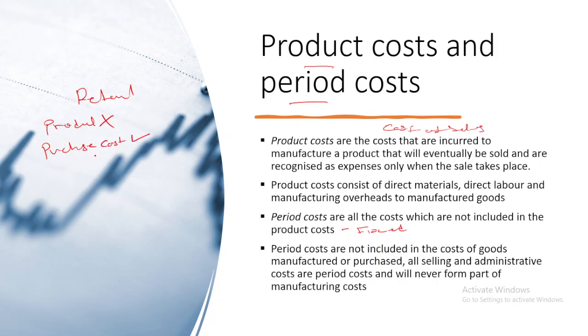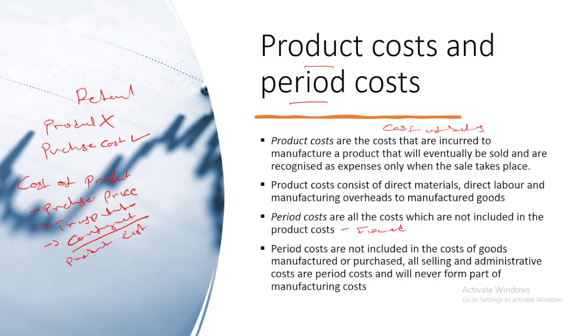And your purchase cost, when it comes to determining the cost of the product under retail, this will include the purchase price, transportation cost. If the goods have to be configured, this will also include configuration cost. So all of these will then give you the product cost.